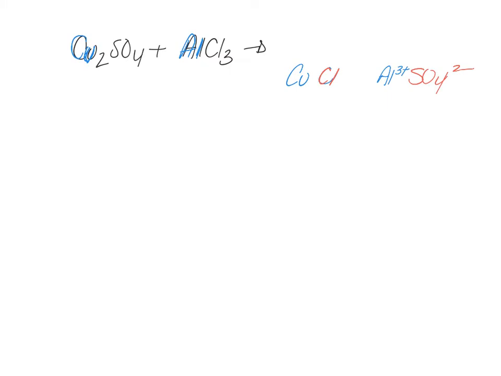So the aluminum with the sulfate is no big deal, right? Because the 3 is going to go here, the 2 is going to go here. Now, as far as the copper goes, I have to figure out what kind of copper is over here first before I can do this part of it correctly.